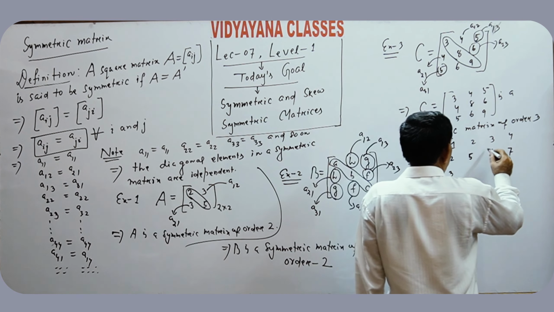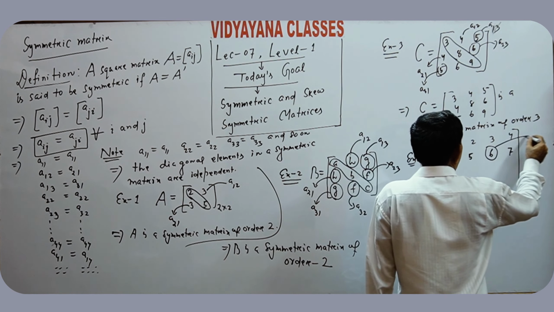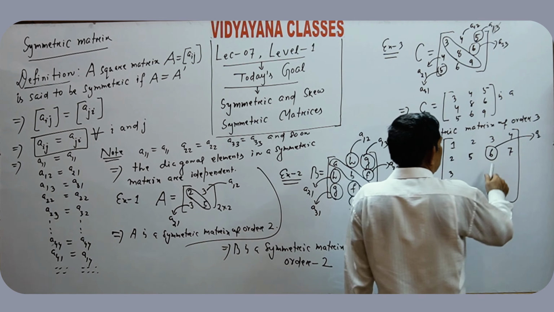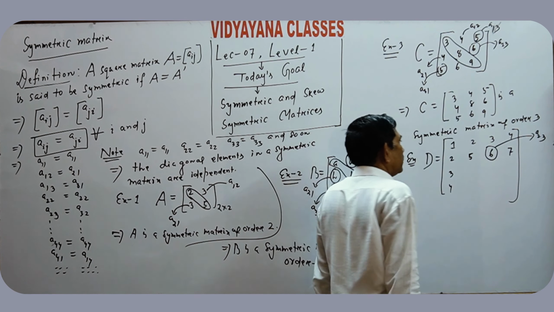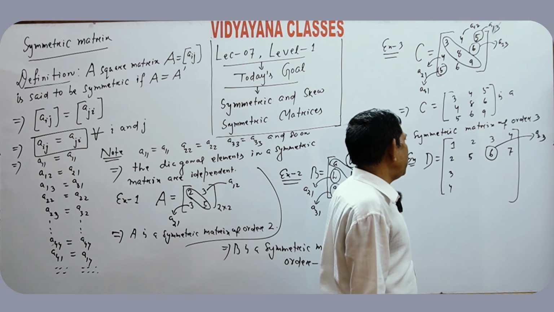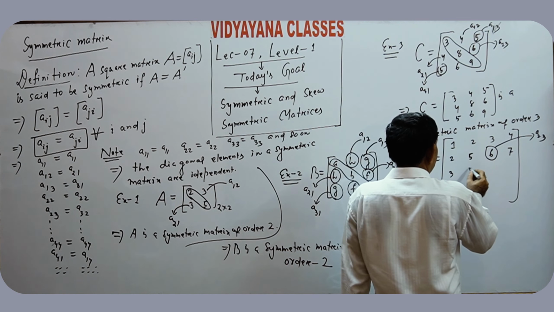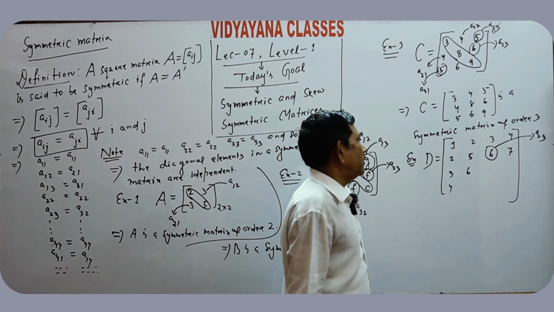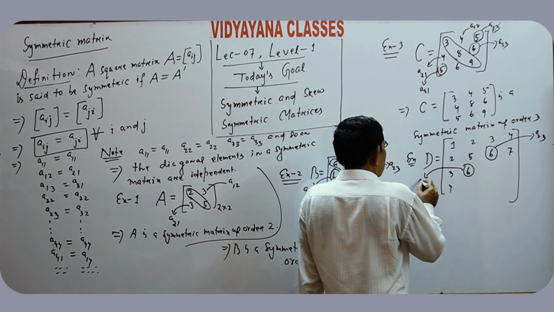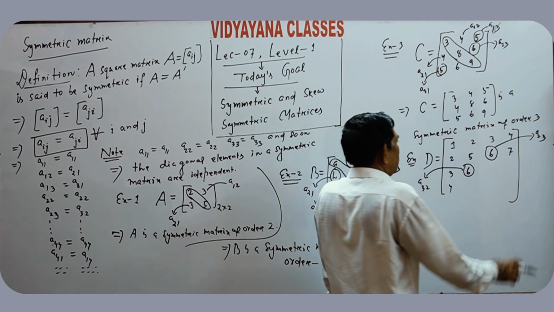The element of second row and third column will be the same as A32, the element of third row and second column, which is 6.